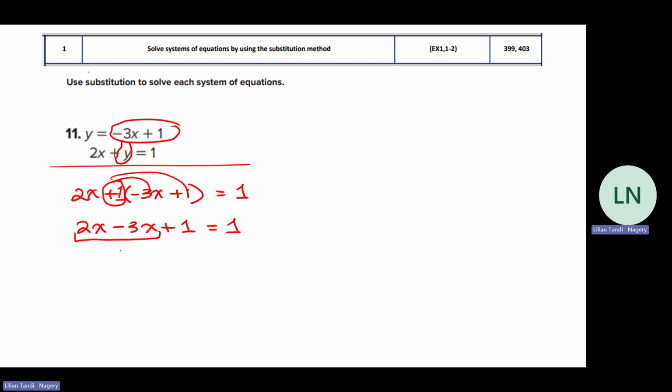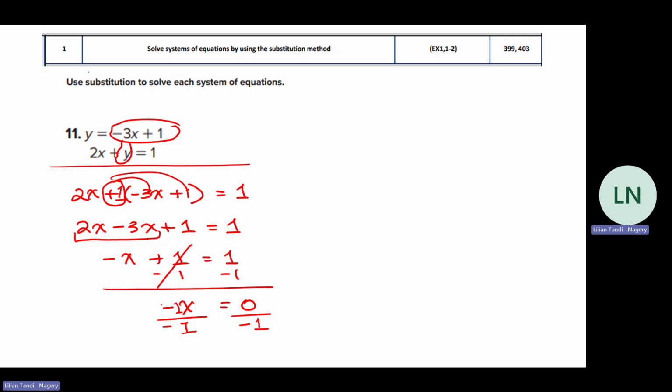And 2x minus 3x is negative x plus 1 equals to 1 minus 1 minus 1. Then you will have negative x equals to 0. And then I will divide, here there is no number, so I will put 1. So I'll divide by negative 1, divide by negative 1. So this goes away, so x is 0. X is 0, okay? Then we find y.